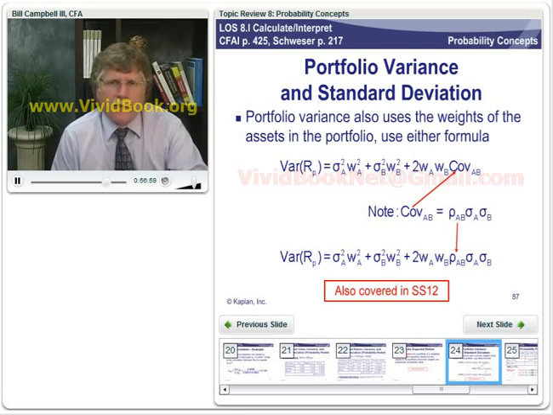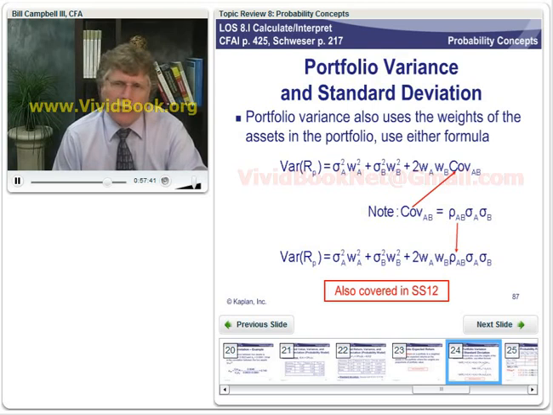So we take the weight of asset A squared, 20% times 20%, multiply that by the variance of asset A's returns, sigma squared of A. We take the weight of asset B, 80%, square that, weight squared, times the variance of B's returns, sigma squared of B. Then we add one extra term, 2 times the weight of asset A times the weight of asset B, so 2 times 0.2 times 0.8 times the covariance of A and B, the covariance of A and B's returns.